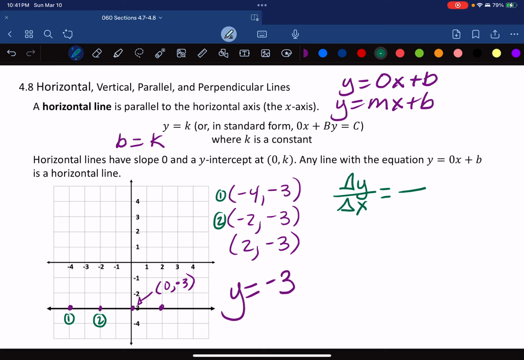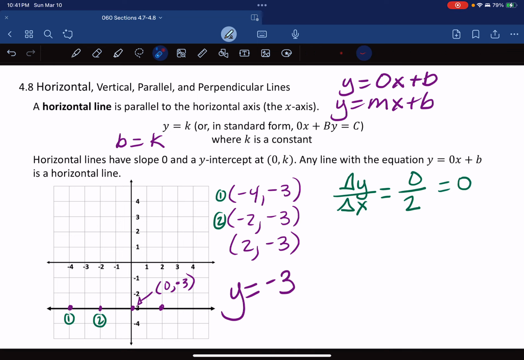From -3 to -3, it doesn't change. It changes 0. From -4 to -2, that's our change in x, it changes by 2. Well, 0 divided by 2 is 0. So our slope is 0.